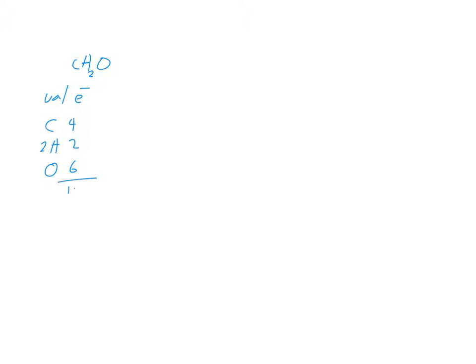All right, so this gives us 12 electrons. Remember that in each final Lewis structure, you need to be showing this total number of valence electrons. Okay, so let's start out with our carbon, just like we did before. 4 electrons. Attach an oxygen.